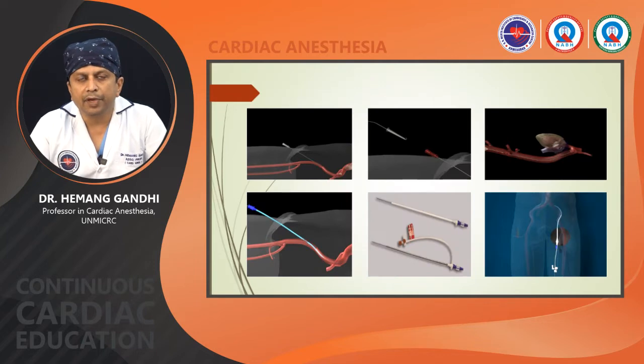This IABP catheter is usually inserted with the Seldinger technique, where you first puncture the vessel and then insert the guide wire, remove the needle and insert the dilator to dilate the tract into the skin.